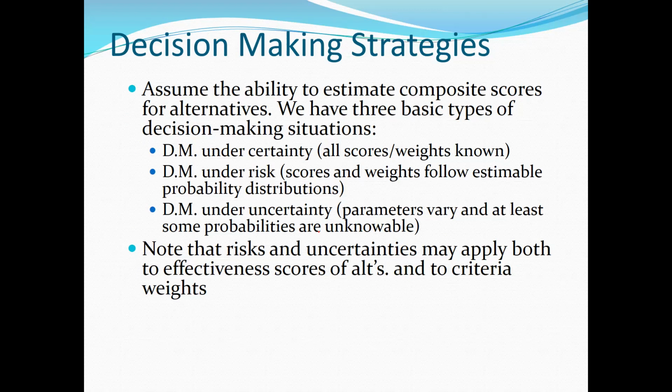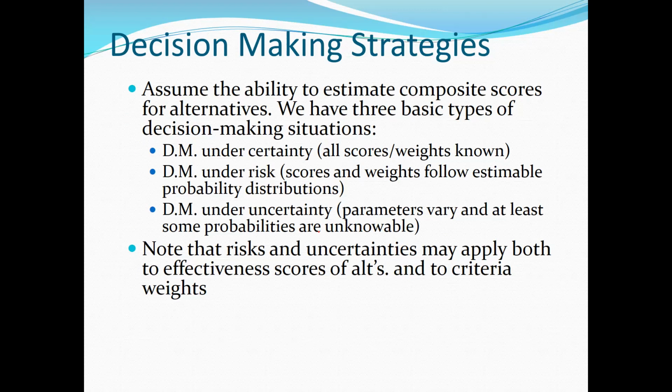But we could also talk about decision making under risk, where scores and weights follow estimable probability distributions. And then decision making under uncertainty, where parameters vary and at least some of the things are completely unknowable. The risk and uncertainty can apply to the effectiveness scores, and also to the criteria weights.